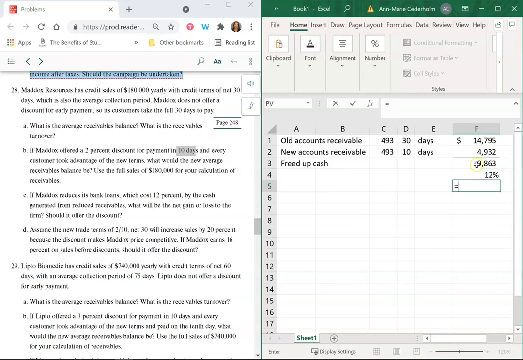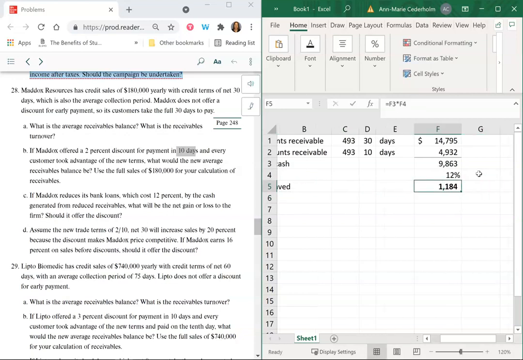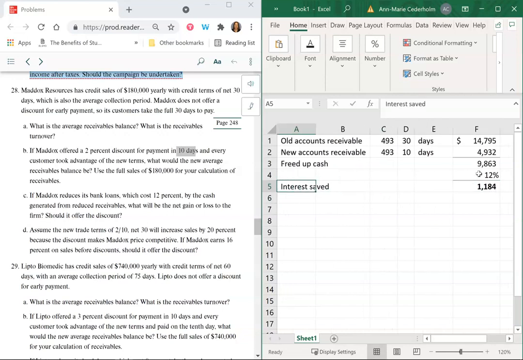If I take 9,863 and multiply that by 12%, the amount of interest that I'll save is $1,184. So I'll just say interest saved. If I can save $1,184 by offering the discount, right now I would say, yes, let's do it because it's above zero.